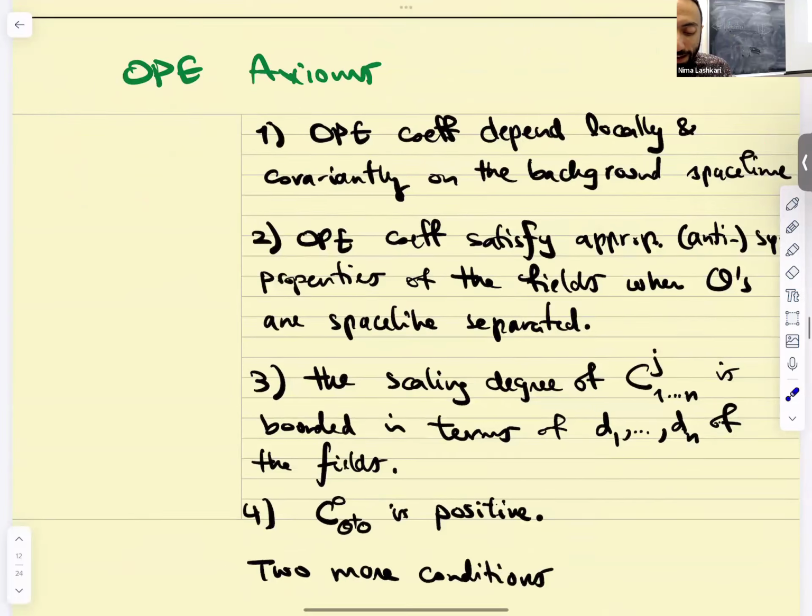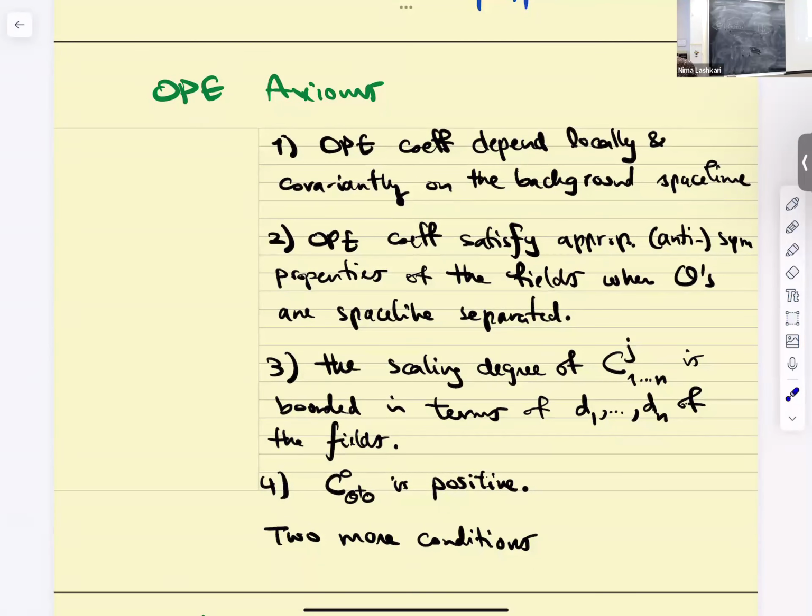Now we have to talk about the axioms of quantum field theory. First, these OPE coefficients, C of x1 to xn, of k, I1 to In, and y, depend locally and covariantly on the background spacetime points. The OPE coefficients satisfy appropriate symmetric or antisymmetric properties of the fields, where the O_I are space-like separated. Why?